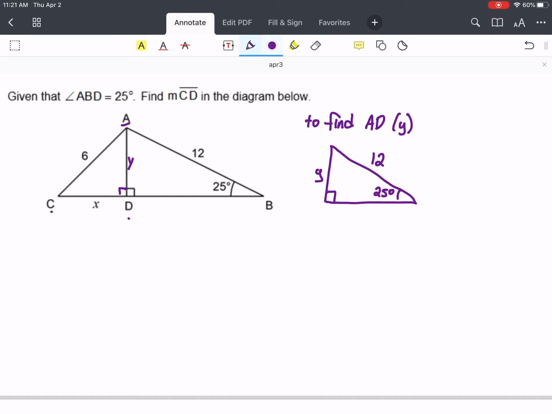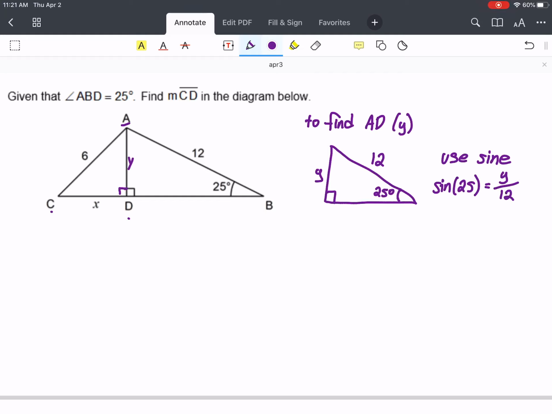At this point, we know that we have enough information to solve for y. The trig ratio that uses the opposite and the hypotenuse is sine. So we're going to use sine to solve for y. So sine of 25 is equal to the opposite, which is y, over the hypotenuse, which is 12.